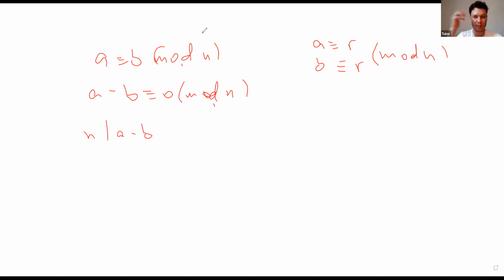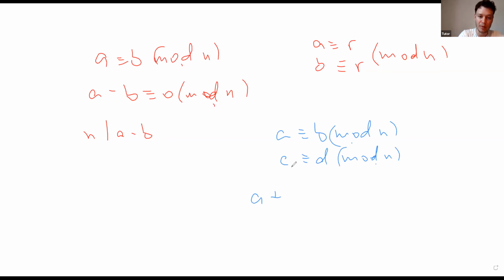And then, of course, we have some simple stuff: if a is congruent with b mod n, and c is congruent with d mod n, then I can add them or subtract them and they're still congruent. So a plus or minus c is congruent with b plus or minus d mod n. In addition, I can also multiply.